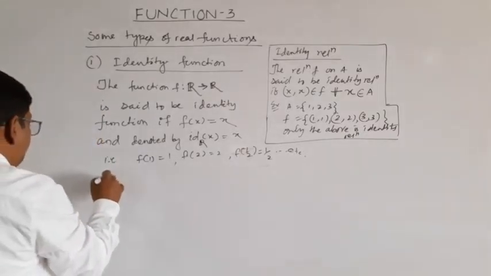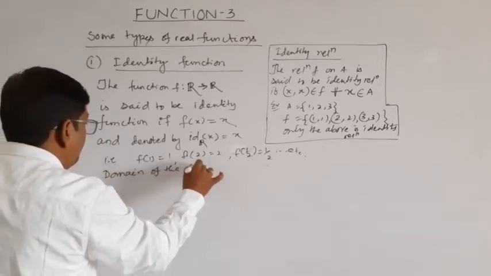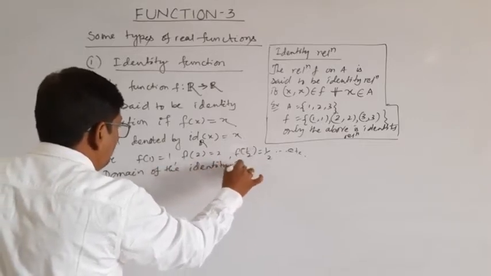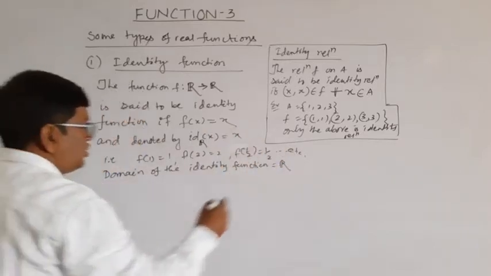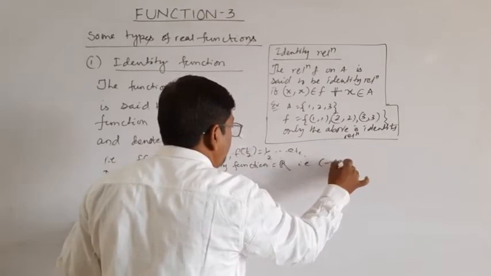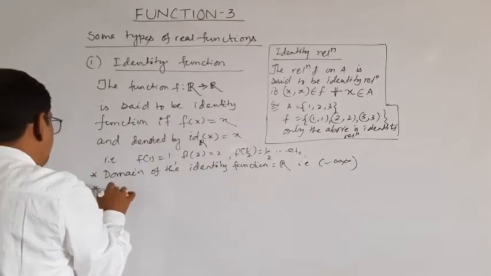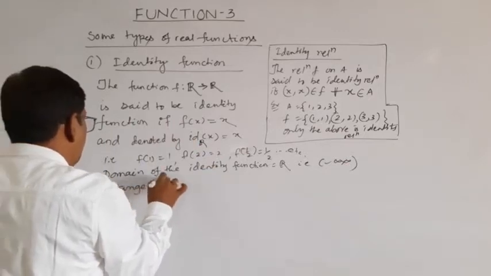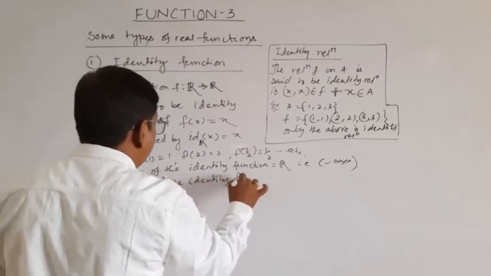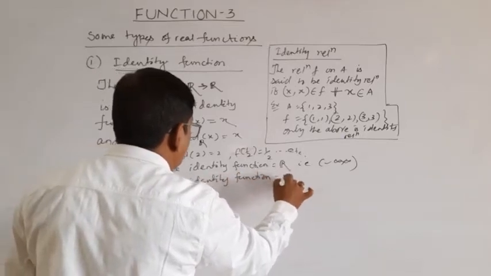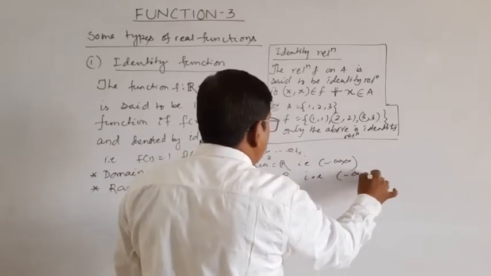The domain of the identity function is equal to the set of real numbers, that is, minus infinity to plus infinity, and the range of the identity function is equal to the set of real numbers, that is, minus infinity to plus infinity.